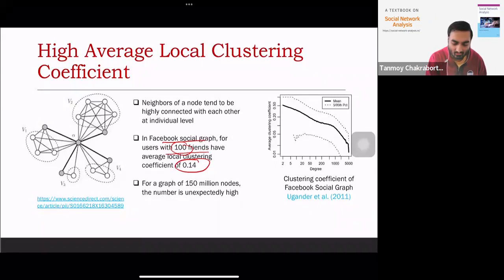But still, a node with 100 friends having a clustering coefficient of 14% is quite high. In a Facebook network with 150 million nodes, the average clustering coefficient turned out to be very high, around 20%. This is something that you need to preserve in your synthetic network. Whatever mechanism you use to generate it, your synthetic network should have a high local clustering coefficient.